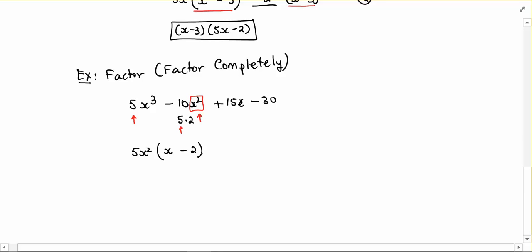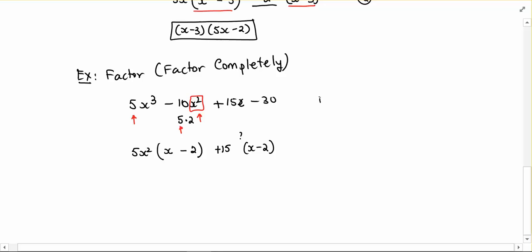Now I know that I must get x minus 2 over here, so there it is. So then the question is, what do I put in between them? What number do I have in between them in order to get this to work out? So that's a 2, negative 2, and that's a negative 30. So this has better be a positive 15. Positive 15 times negative 2 is negative 30. Now, does it work out for that as well? Yes, it does.